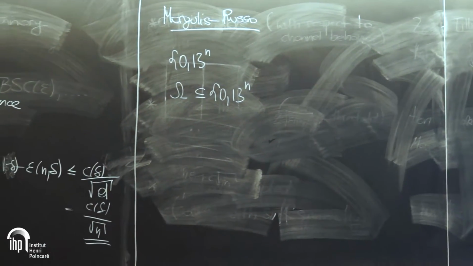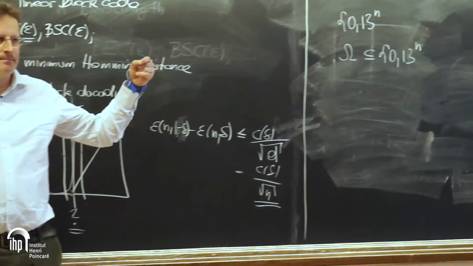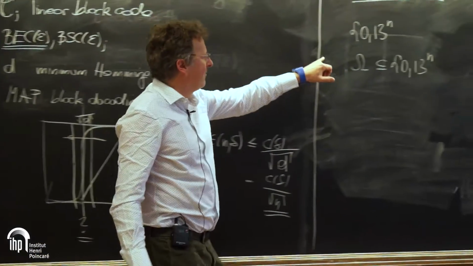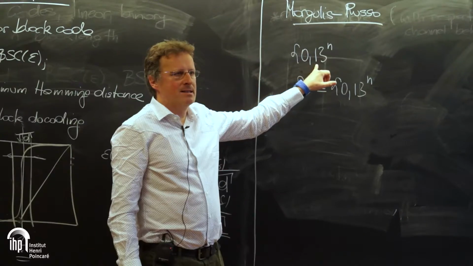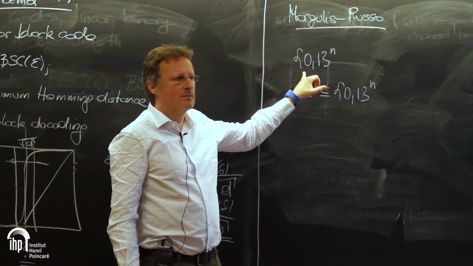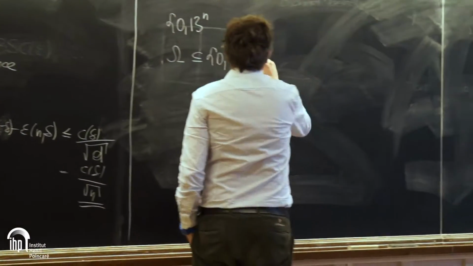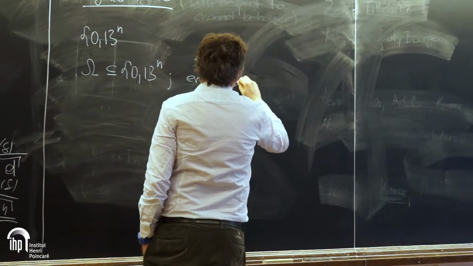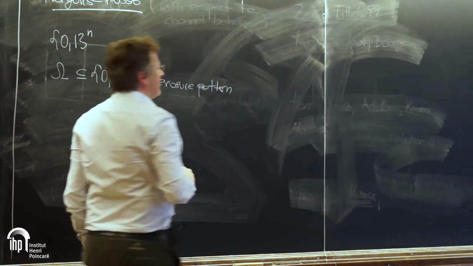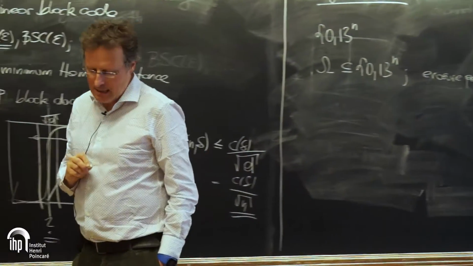Then every erasure pattern you can simply think of as a vector in {0,1}^n. Maybe it's a 1 if there's an erasure, and it's 0 if there's no erasure. So Omega is simply a set of erasure patterns. Or if it's noise, then it's the set of noise patterns.